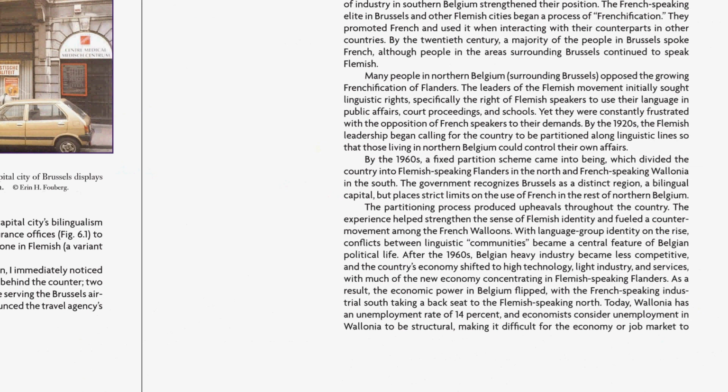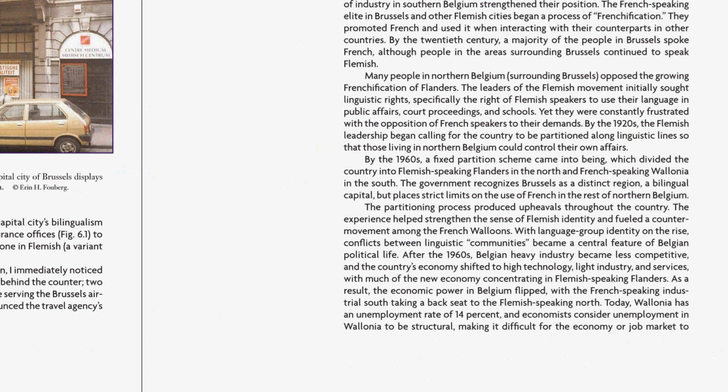So, looking a little bit further down, after the 1960s, Belgian heavy industry became less competitive, and the country's economy shifted to high technology, light industry, and services, with much of the new economy concentrated in Flemish-speaking Flanders. As a result, the economic power flipped in Belgium, with the French-speaking industrial South taking a back seat to the Flemish-speaking North.